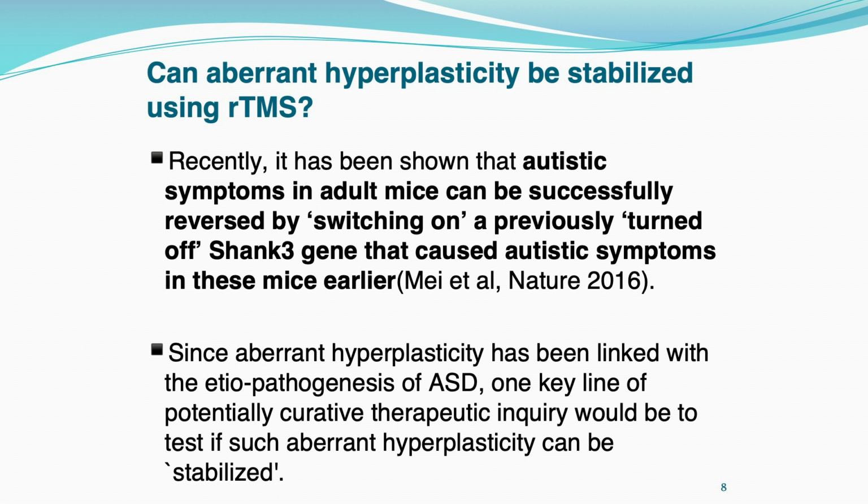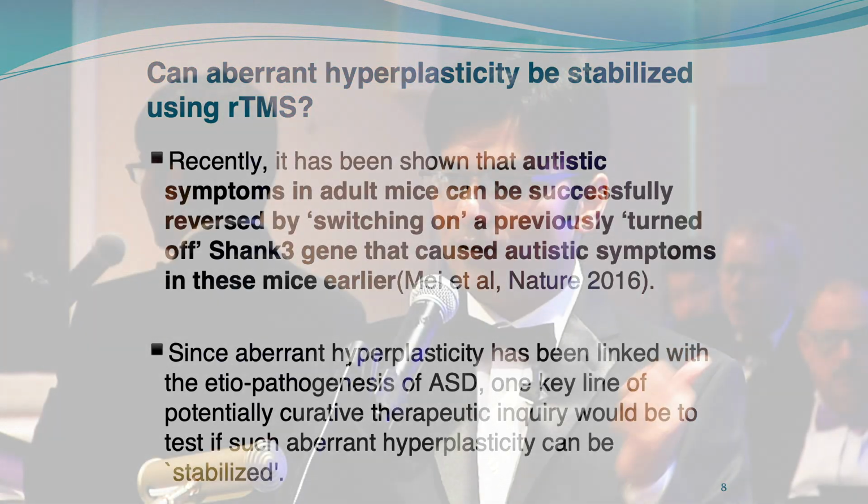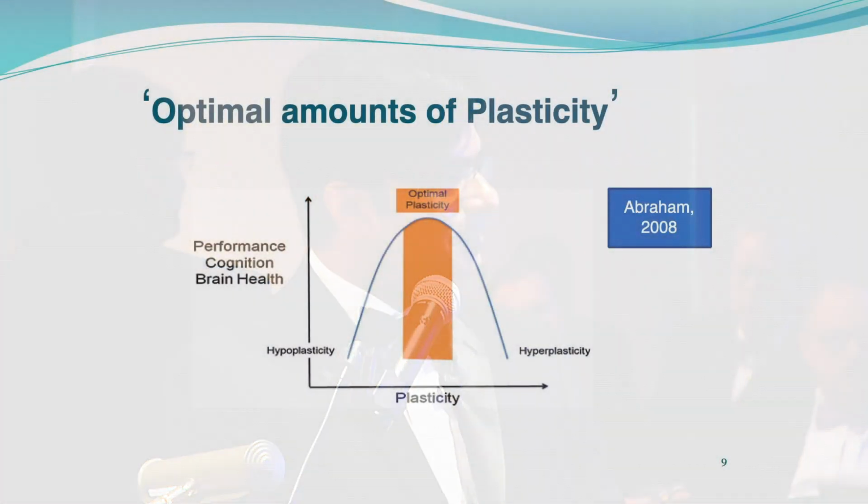And then they turned on the gene that they previously had switched off. What they noticed is that it completely reversed the autistic symptoms, even in adult mice. So this is the first direct evidence that it may not be impossible to reverse a fundamental pathology of the brain in adulthood. This gives us hope that it is possible.